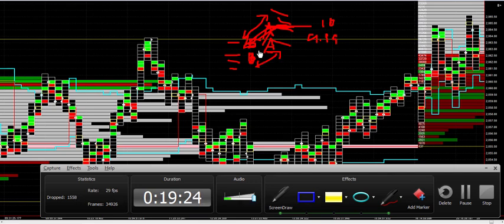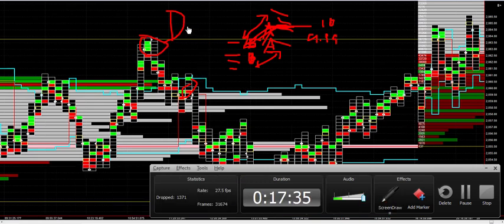So, based on this logic, you see I have color coded the greens and the reds, identifying who is aggressive in this transaction. So there's a value for a day, break it down into sub charts, sub days, whatever you want.